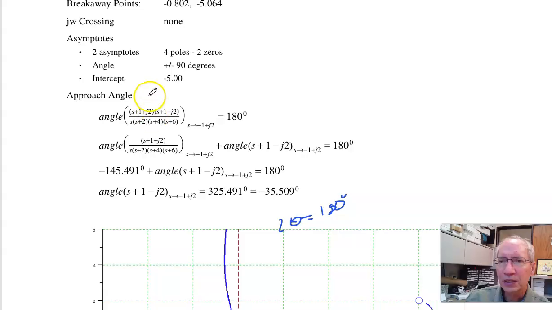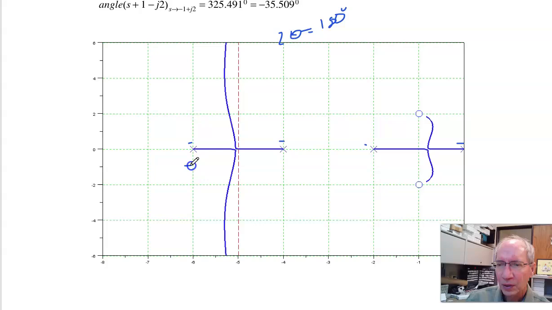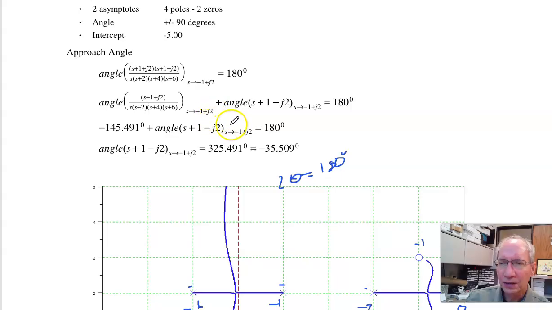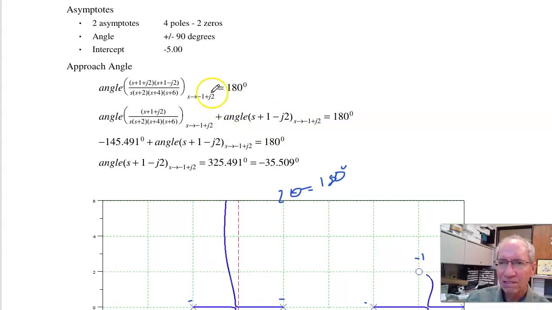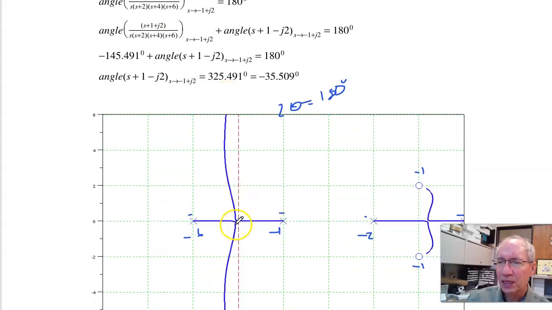So the intercept is the average of minus 6, minus 4, minus 2, and 0, minus zeros, minus 1, minus 1, divided by 2, gives an asymptote intersect of minus 5. So there's my asymptote. I split apart at the breakaway point and then approach the asymptote.